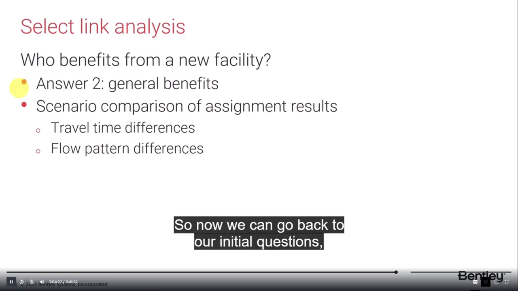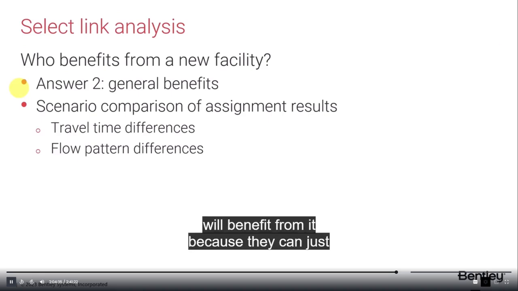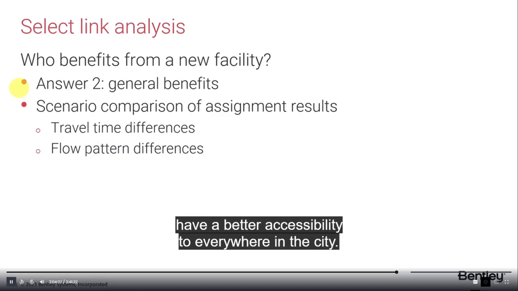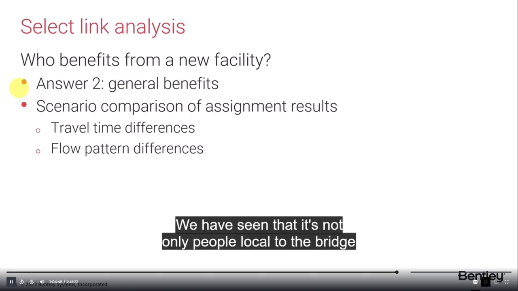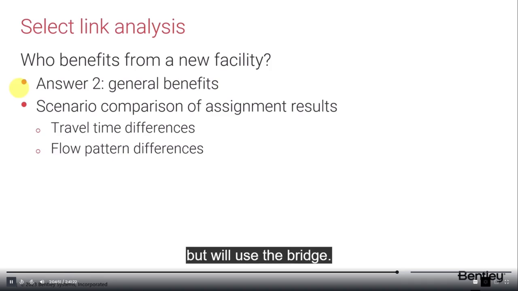So now we can go back to our initial questions, which was who benefits from the new facility. Now, first answer was, well, the locals will benefit from it because they can just have a better accessibility to everywhere in the city. But now we have a second answer, which is there are general benefits. We have seen that it's not only people local to the bridge that will use the bridge.